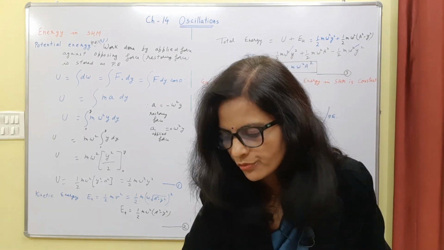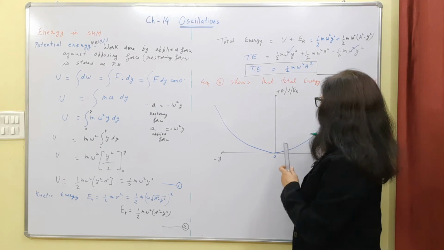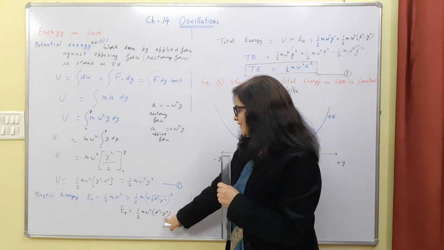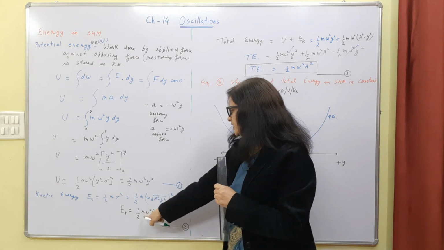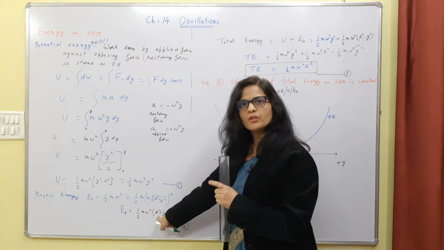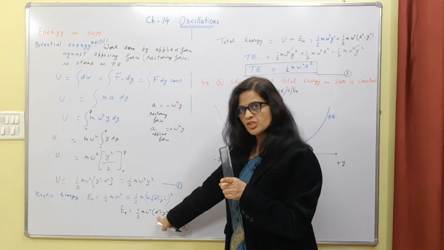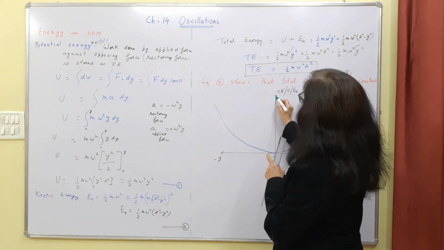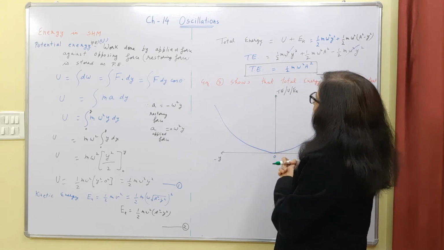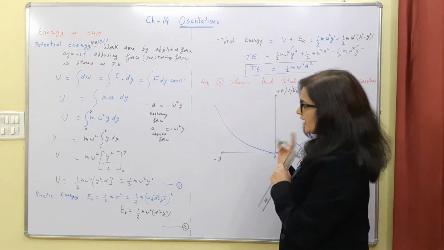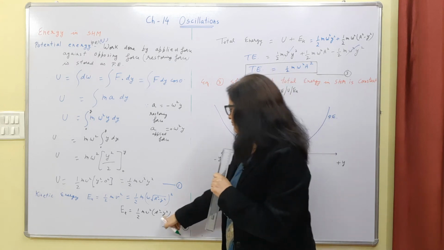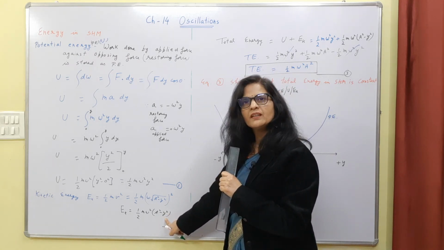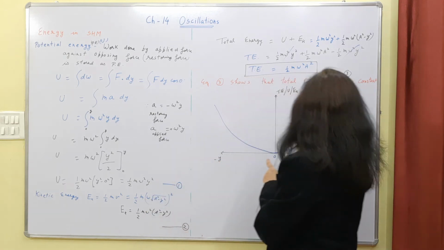Now let's look at the graph for kinetic energy. At mean position, we know that y is 0, but the kinetic energy is half m omega square a square, because y is 0 at mean position. So at mean position, the kinetic energy will be maximum, and at extreme, when y is equal to a, a square minus a square will be 0, so kinetic energy will be 0.